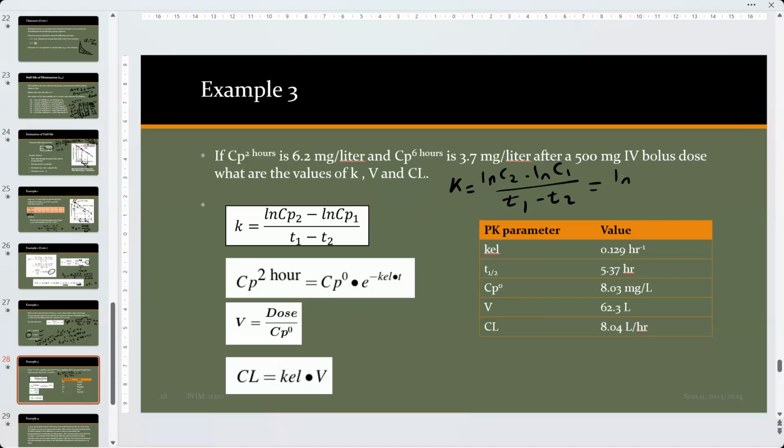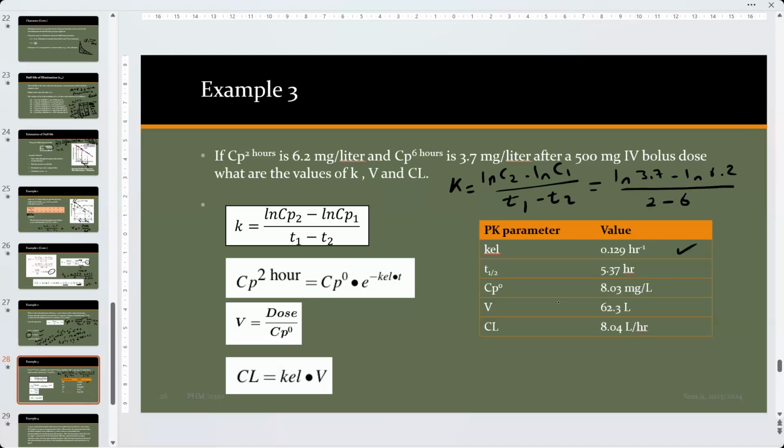The C2 second concentration is 3.7 minus ln 6.2 divided by T1 is 2 hours minus 6 hours. Okay, and then you should get this value.